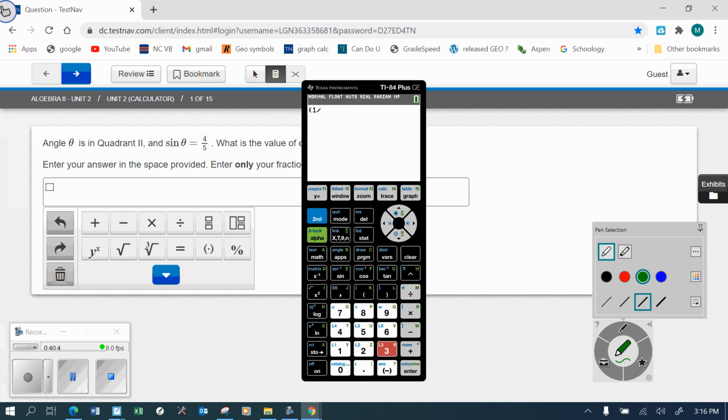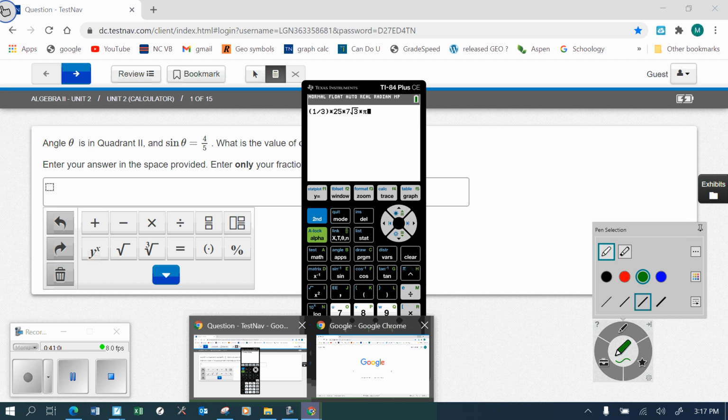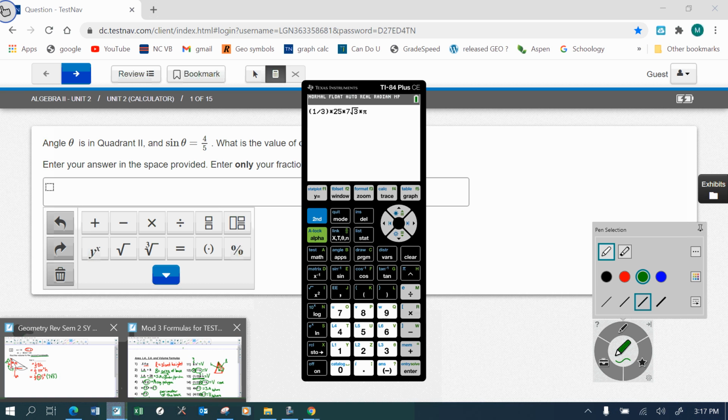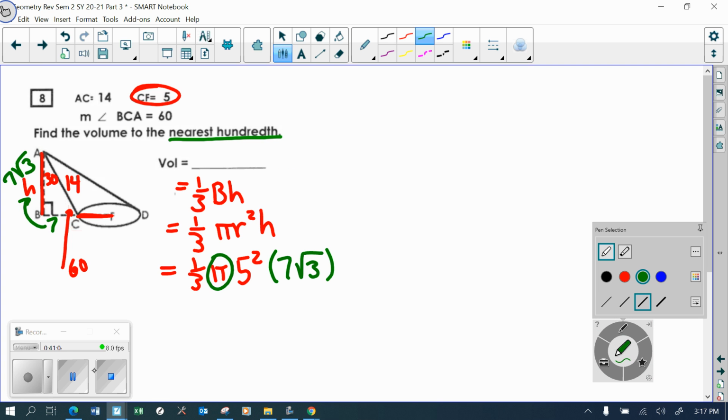1 divided by 3 times 25 times 7 root 3 times pi. Let's make sure I typed it all in right before I hit enter. 1/3 of 25 times 7 root 3 times pi.